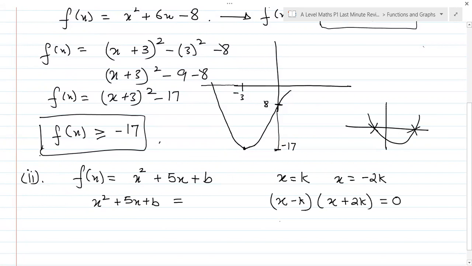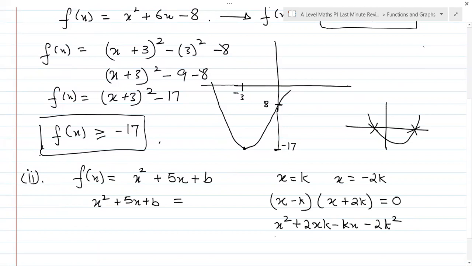So if we multiply them out, we get x times x is x squared, x times this is plus 2xk, this time this is minus kx, minus 2k squared. This is what we're getting.